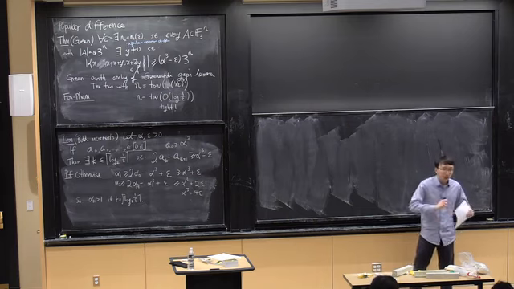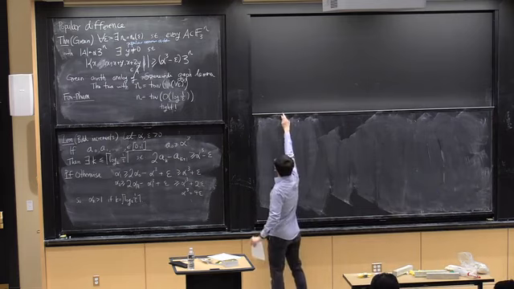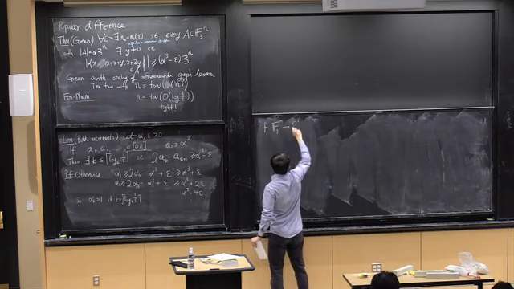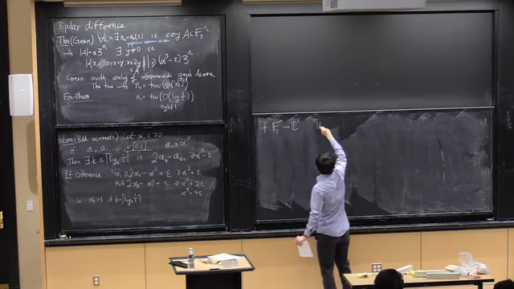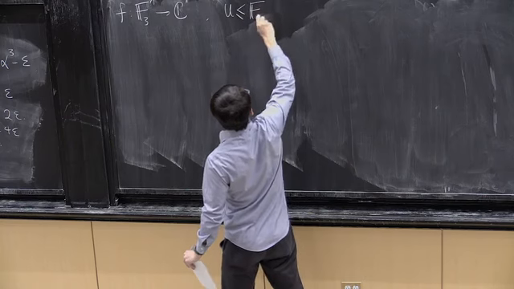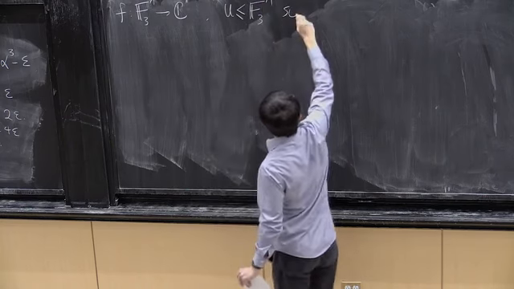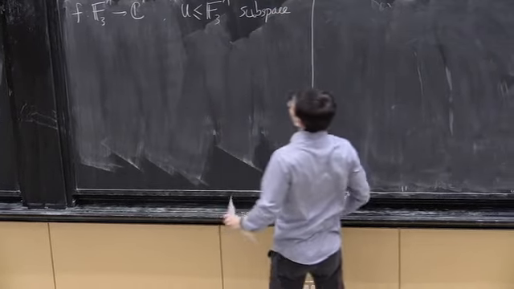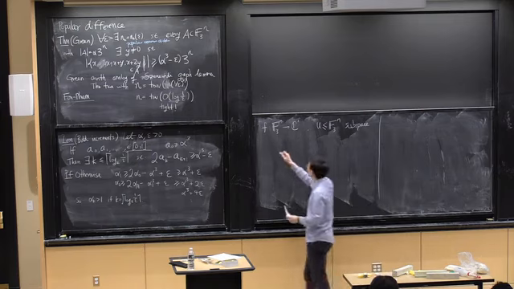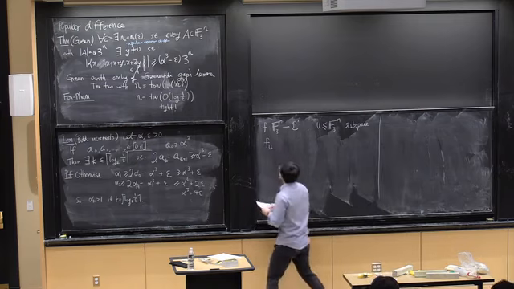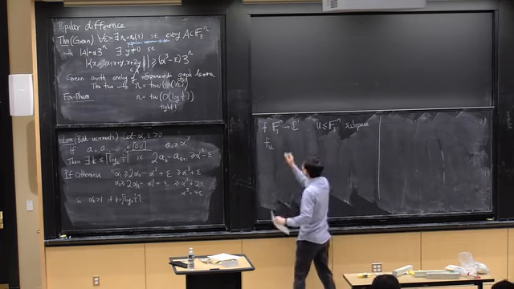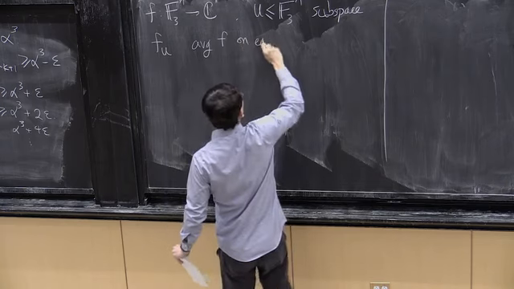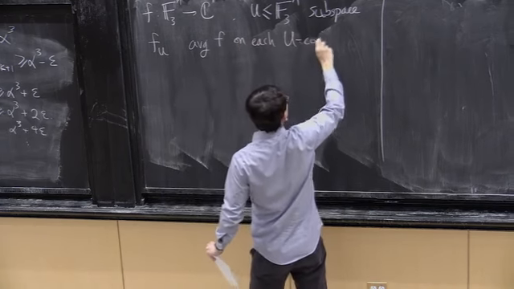All right. If I give you a function f on F3 to the n, and U is a subspace, let me write f sub U to be the function obtained by averaging f on each U coset.